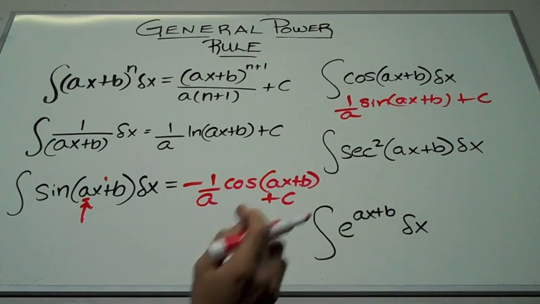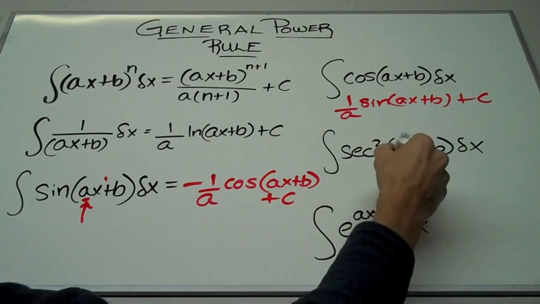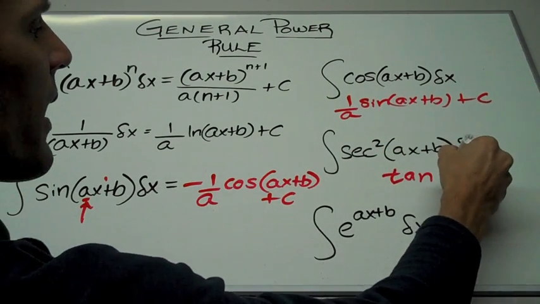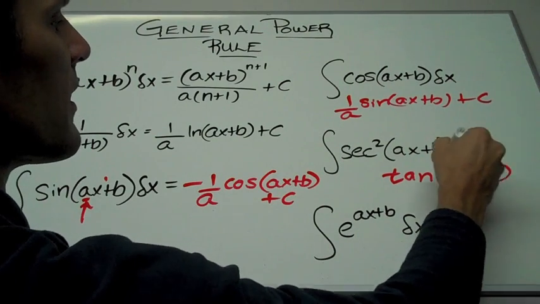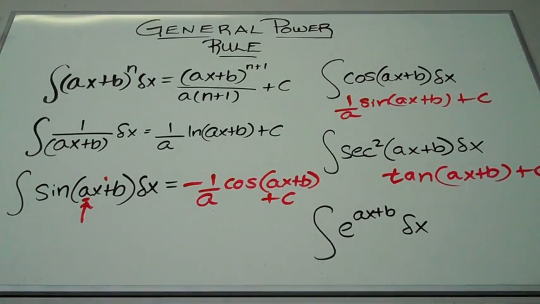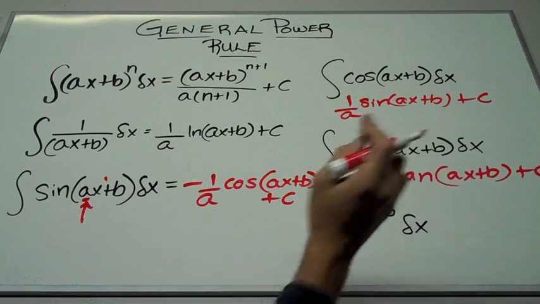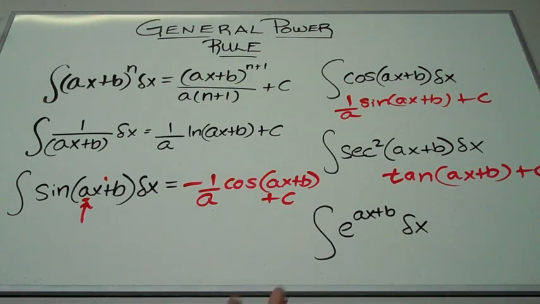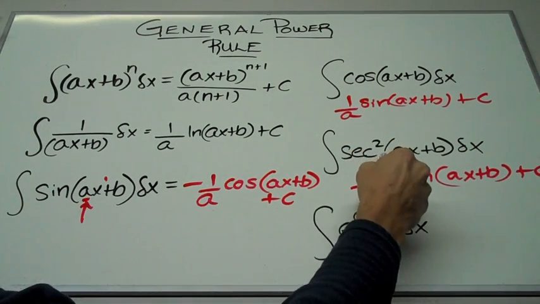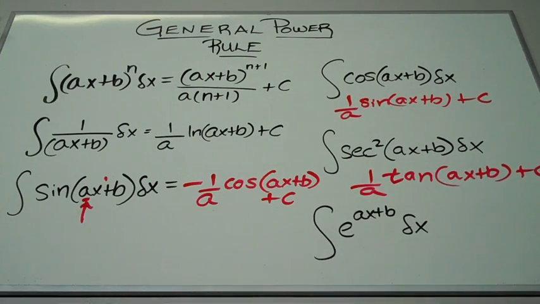The integral of secant squared is tangent. Tangent of what? Tangent(ax + b) plus the constant of integration, times 1 over a, or you could think of it as divided by the coefficient of whatever's multiplying your x, provided the x is to the first power there.